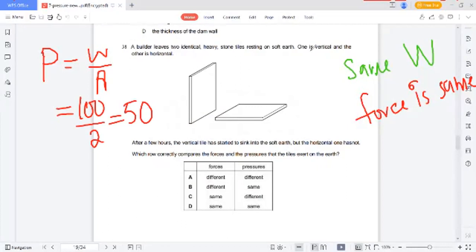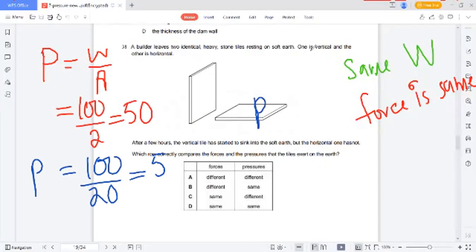And what about this one? Weight is 100 and the area is comparatively very large. Let's consider it is 20. So pressure is 5. In this case we have pressure 5 and in this case pressure 50.